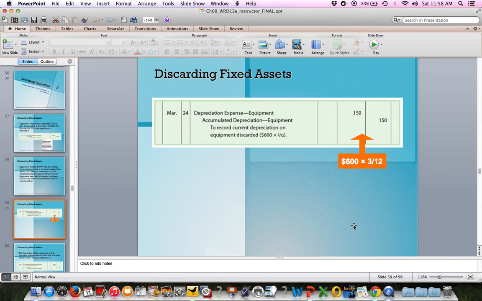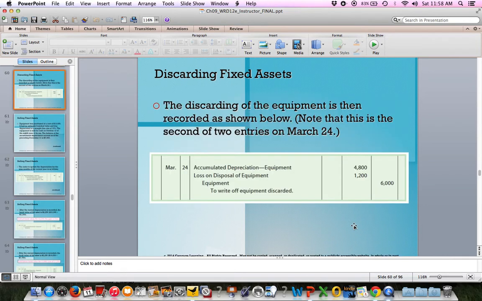So now my depreciation is up to date before I dispose of it, and then I dispose of the asset. The cost was $6,000, so I credit equipment for its cost, and then I take away all the depreciation taken. I debit the accumulated depreciation account, because at the point of disposal, I have taken $4,800 worth of depreciation expense.